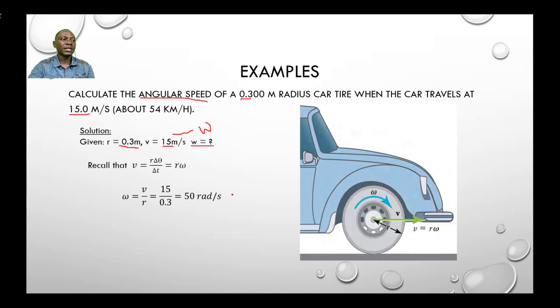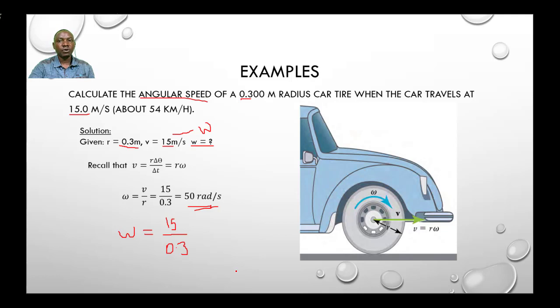You are given that already. So your angular speed will be equal to linear speed, which is 15, divided by the radius, which is 0.3 meters. Then you will get your answer, which is 50.